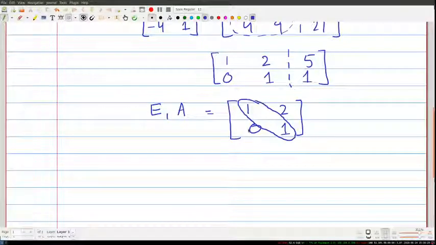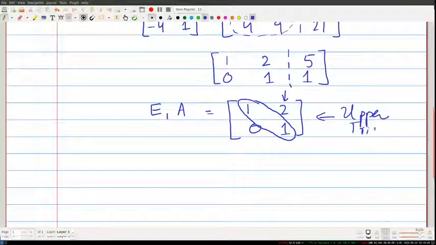In larger matrices we'll see off diagonals, but right now this has 1s on the main diagonal and something above the main diagonal. Such a matrix is called an upper triangular matrix. So let's call this matrix U.